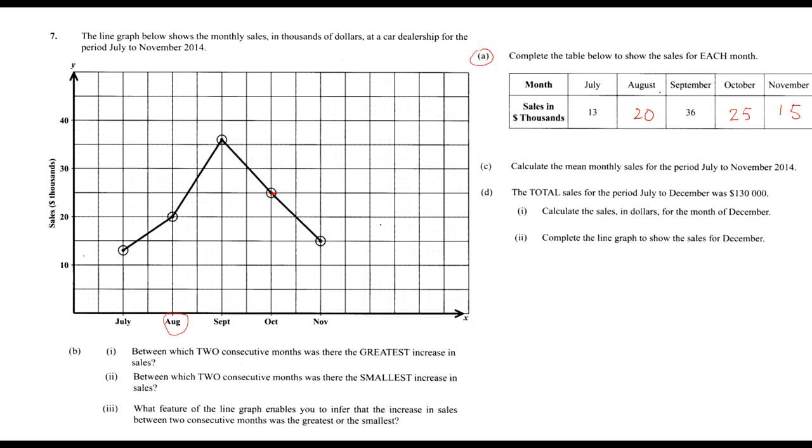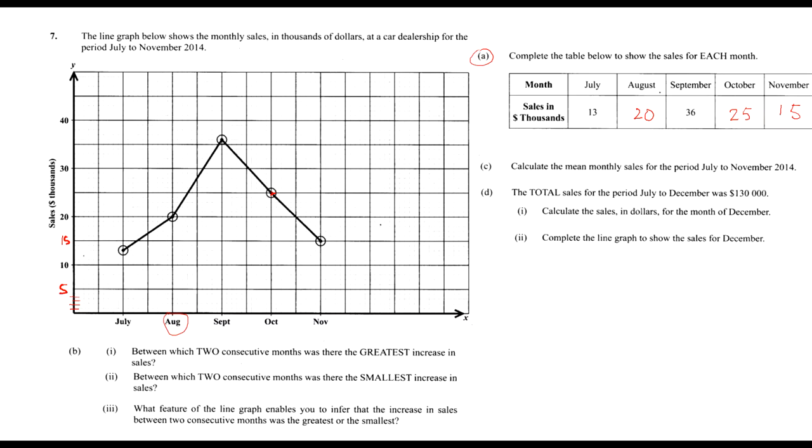Alright, so make sure you look at the scale properly. Each of the small lines represents 1, right? And this is 5 here, it's 10, so this is 15, and so on. Alright, so part A is straightforward, just read off from the graph.